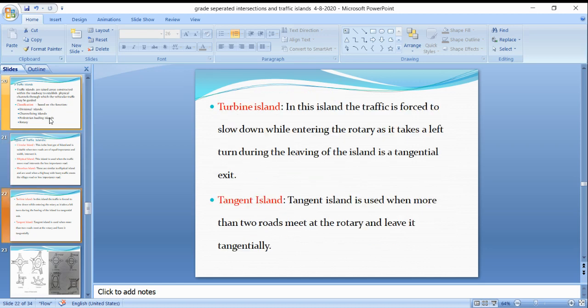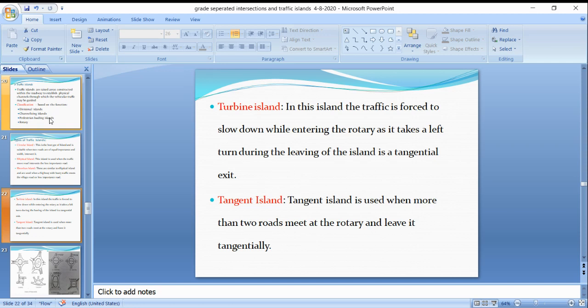Next comes the turbine island. In this island, the traffic is forced to slow down while entering the rotary, as it takes a left turn while leaving the island. It is a tangential exit. So where we have to make the vehicle slow down at the entry itself, we will provide the turbine island.